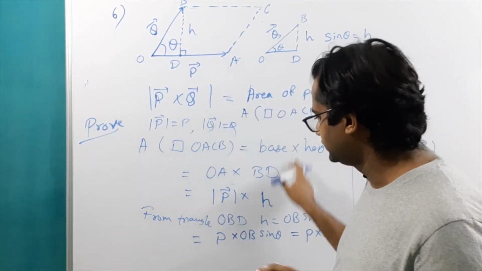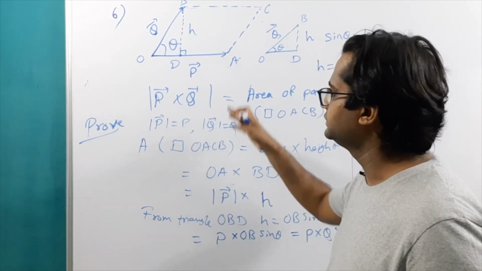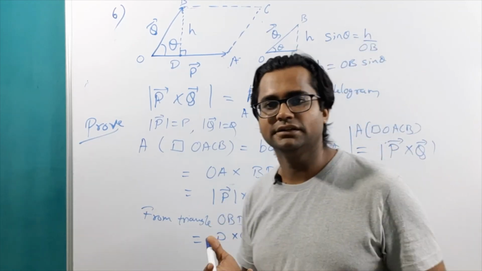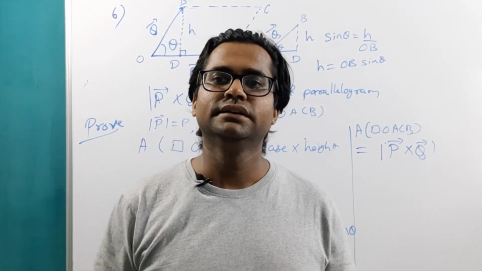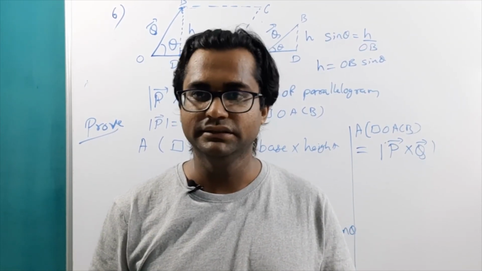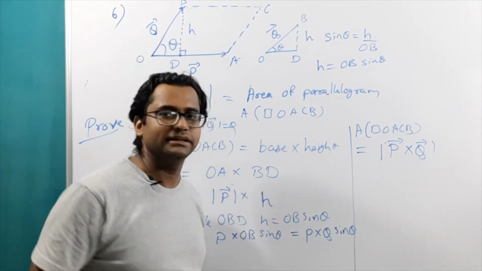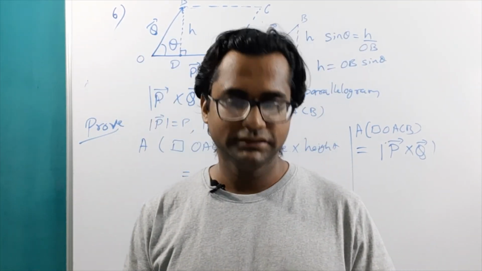Since cross product is a vector quantity, it means that area is a vector quantity, and it's a very special result that we will use in our electrostatics topic. In our later section, we'll use this property that area is a vector quantity. So it's a very interesting result.